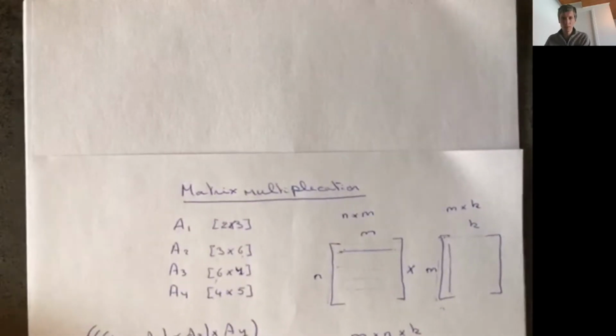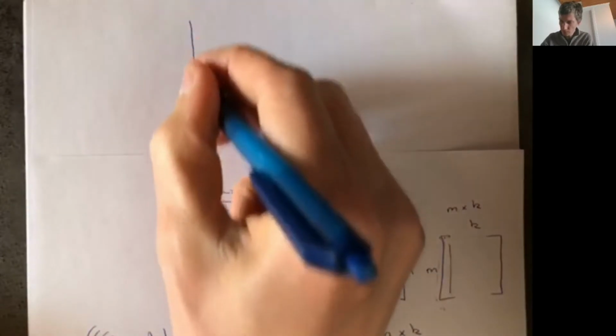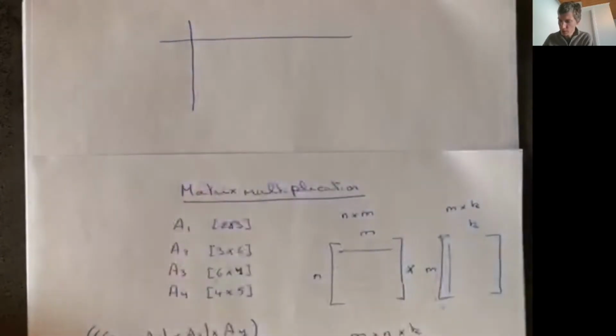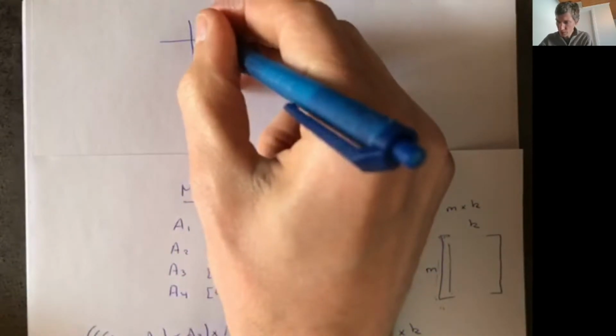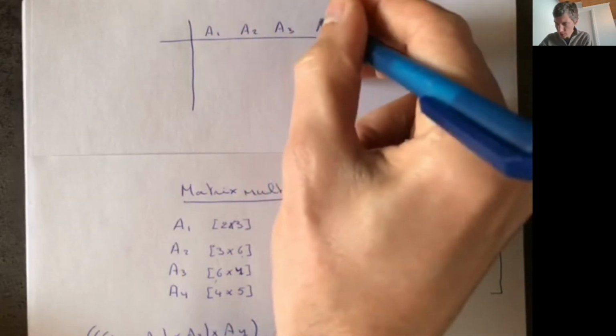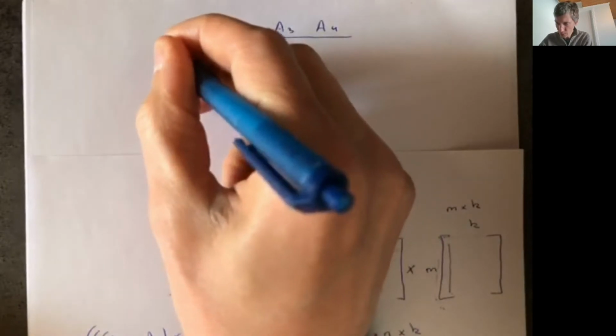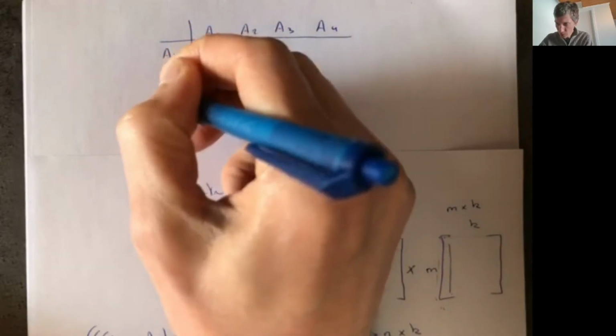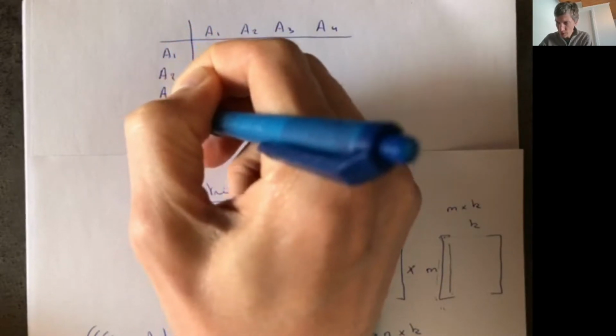All right, we're going to try to compute this. So what I'm going to put here is matrix 1, 2, 3, and 4, and here the same, A1, A2, A3, A4.